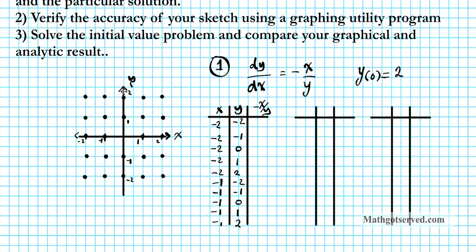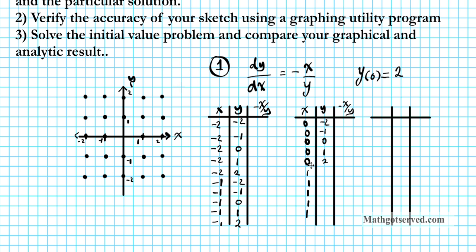Then let's move on to the next line. At that value, we have x, y, and negative x over y. So we have x equals 0, 5 of them, and then x equals 1, 5 of them. For each one, y ranges from -2 all the way to 2: -2, -1, 0, 1, 2.